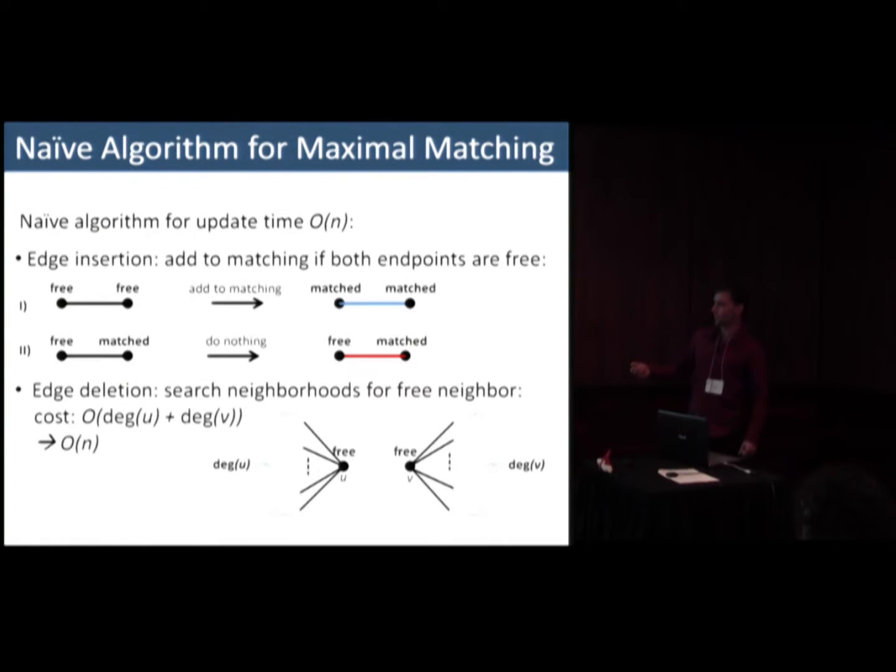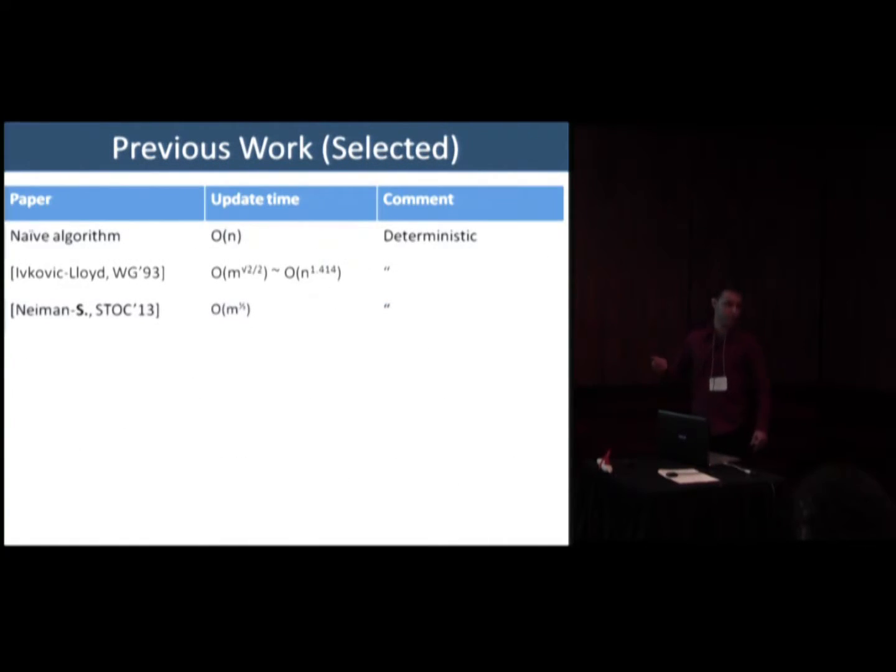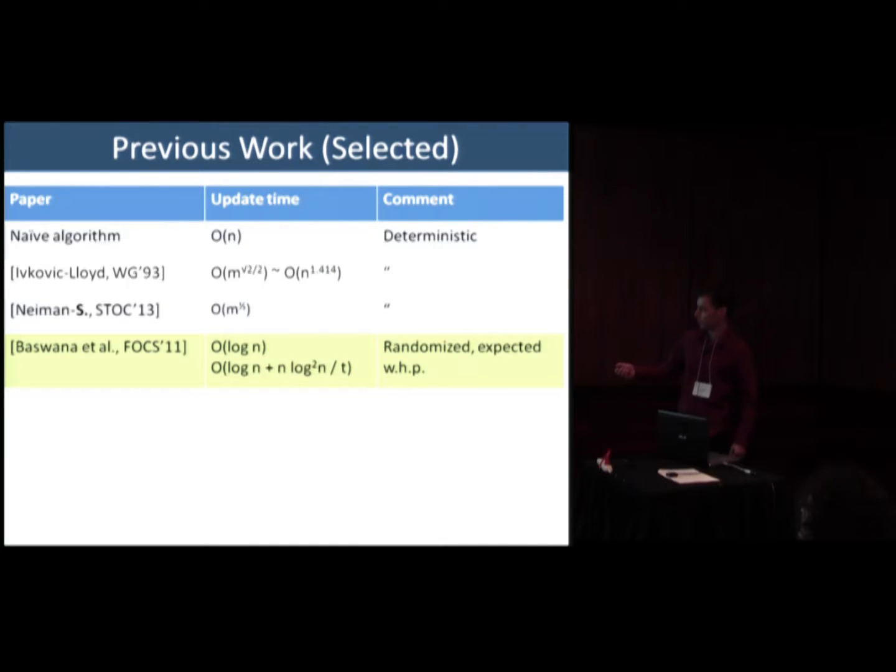And somewhat surprisingly, this has been the state of the art for quite some time. And currently, the state of the art is with the joint work with Neiman, where we get square root m update time. So for deterministic algorithms, that's the best that we currently know. But if one allows randomization, then there is a result by Baswana, Gupta, and Sen.